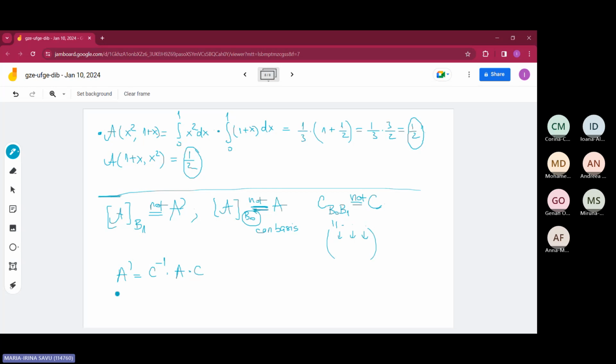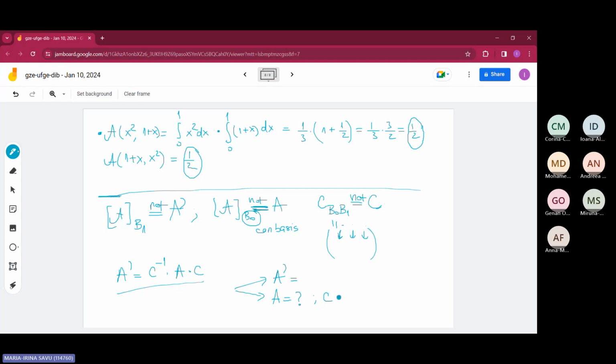And you have two methods. The first method consists of writing directly the matrix A prime. And the second method consists of finding first the matrix associated with the basis. So first you have to find the matrix C, which consists of the elements of B1.